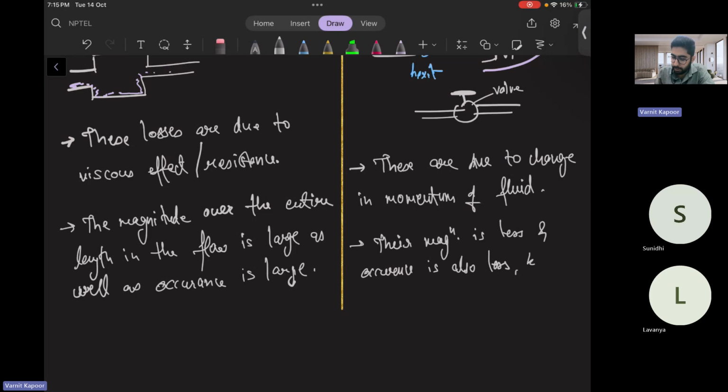So they are known as variable velocity loss.